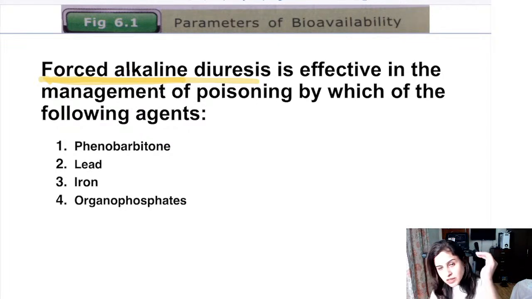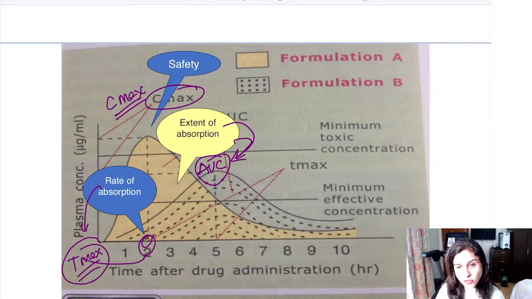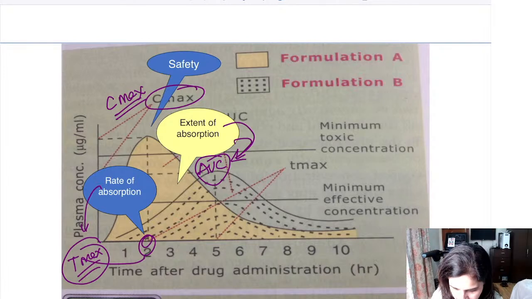Cmax is the maximum concentration. Bioavailability is actually the whole area, the extent of absorption. How much has been absorbed, that is your bioavailability. Bioavailability is the amount of drug entering the systemic circulation in the unchanged form. And when the drug reaches its maximum concentration, that will be the Cmax. So how much drug has been absorbed tells you about the bioavailability of a drug. It's not the same. Okay, it's not the same.